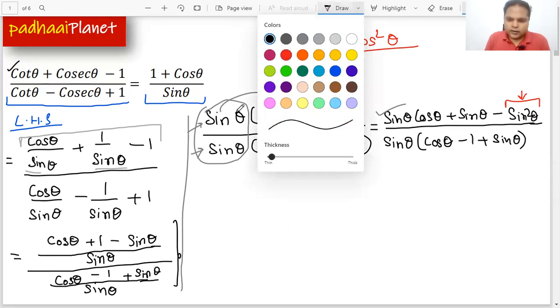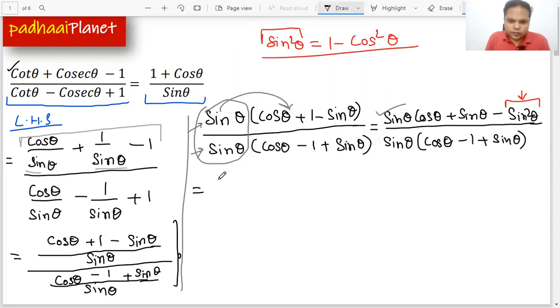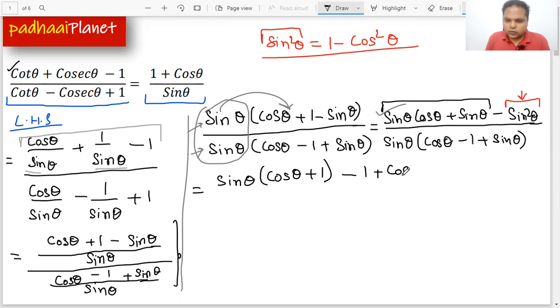When we do, we get sine theta, and from this term we take the sine theta common. So we get sine theta times cos theta plus 1, and this is minus 1 plus cos squared theta.